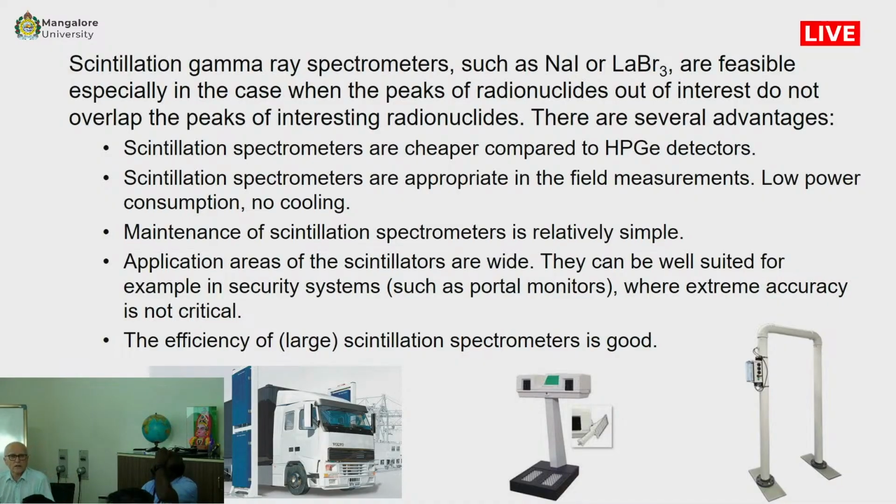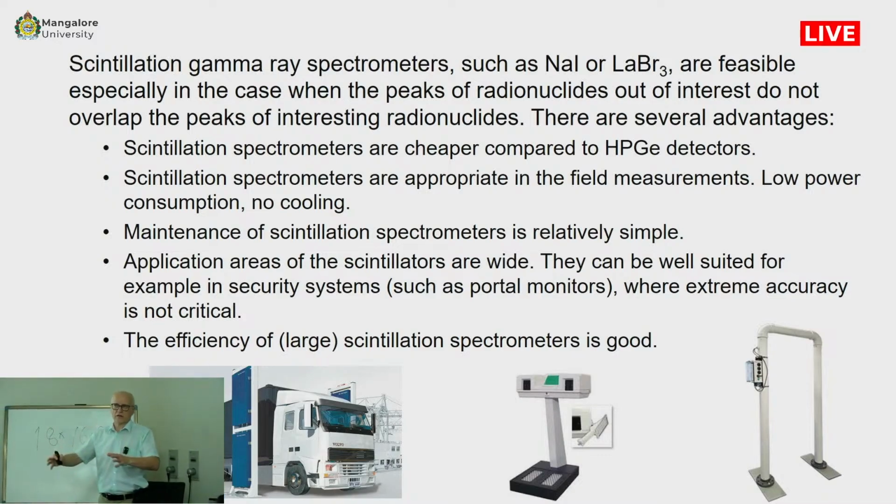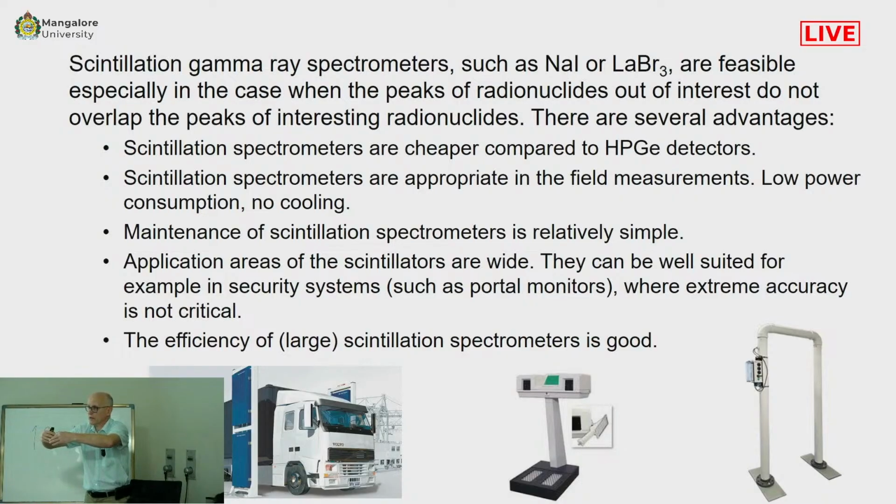I remember that the Finnish Geological Institute used a very big scintillation detector after the Chernobyl accident. They put that detector in an airplane and flew at very low altitudes, 100 meters or so. The detector size was indeed very big, and the resolution is very bad.